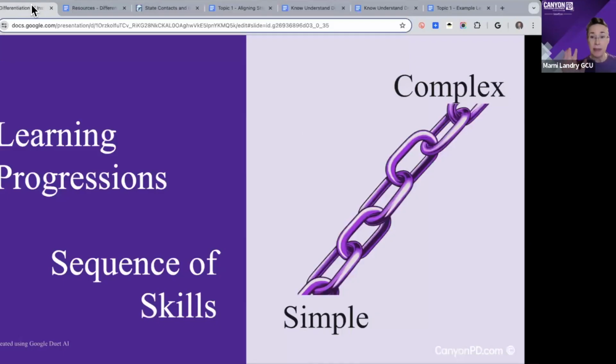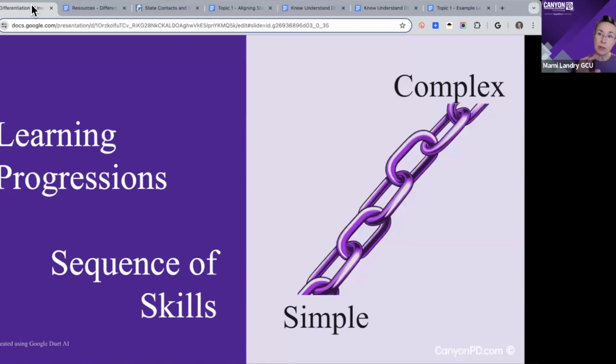The final step in this portion is how you use the know, understand, and do statements to create learning progressions. It's really a map of skill development within a standard. So once you've unpacked the know and do of each standard, you can start to put them in order, outlining the simpler skills into the more complex skills.